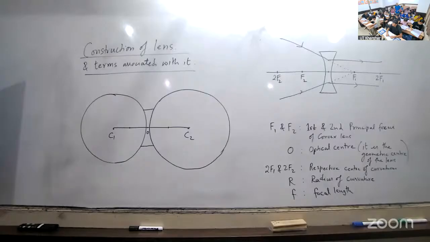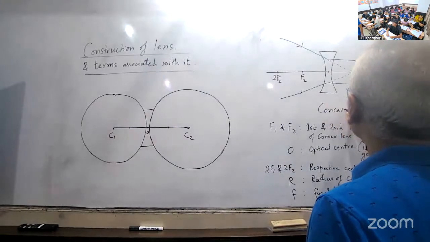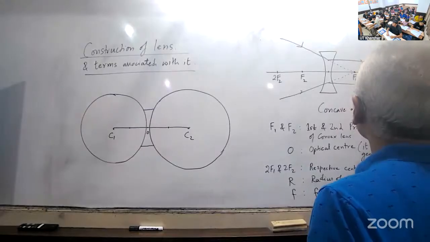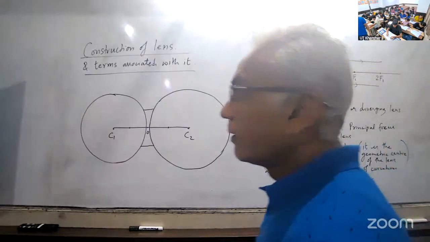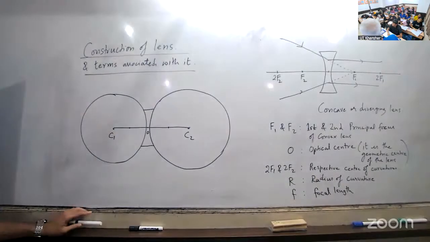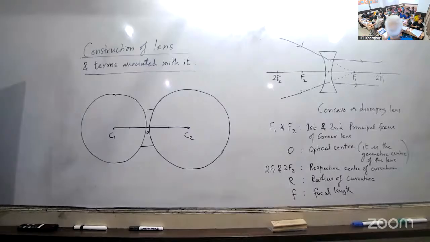Concave lens is also called diverging, and convex is also called converging. So are we good till here?